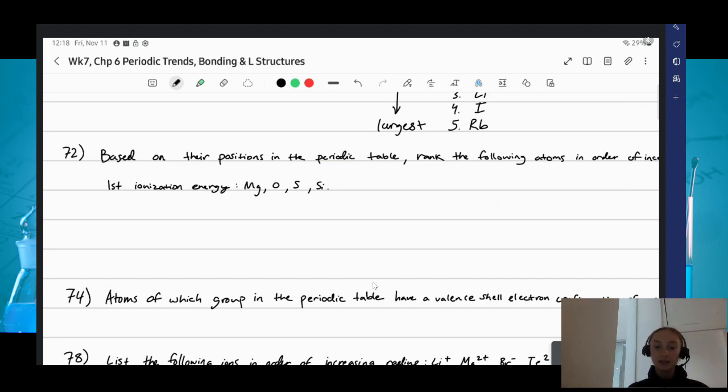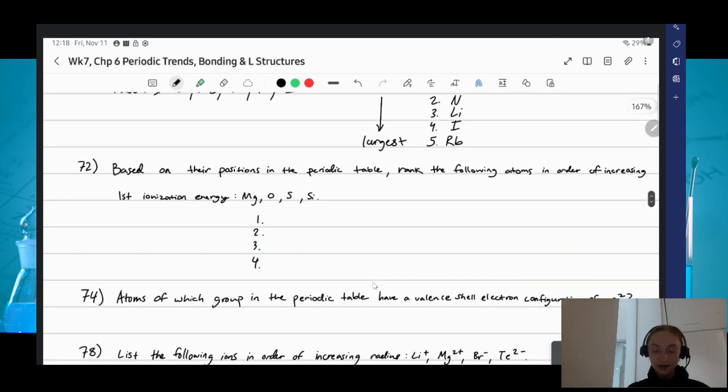So electronegativity is very similar to ionization energy. Ionization energy has to do with giving up electrons, and how easily they're able to do that. And so when they have more ionization energy, that means they're not going to give up their electrons as much. So we have 4 atoms here that we're working with. Let's first find them on the periodic table and look at where they are located, and then we can make that decision afterwards.